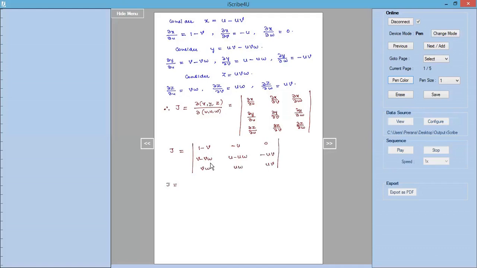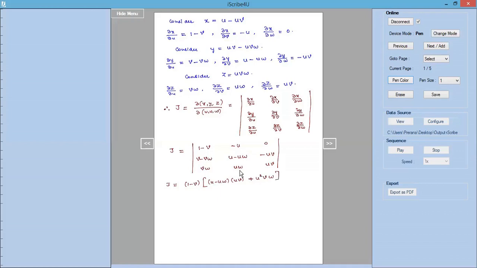So we will expand this determinant. First, 1 minus v is multiplied with the 2 cross 2 determinant, leaving that particular row and column. So u minus uw into uv, minus of minus uv into uw. That is how we get the first term: u minus uw into uv, plus u square vw.